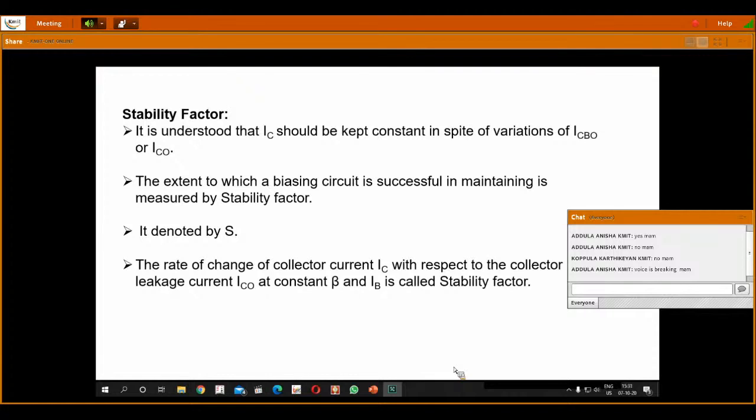So we have three stability factors. The first one is S, the second one is S dash, and the third one is S double dash. These three stability factors are denoted with the letter S.